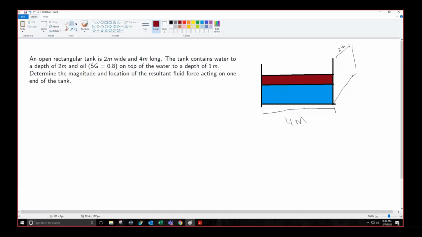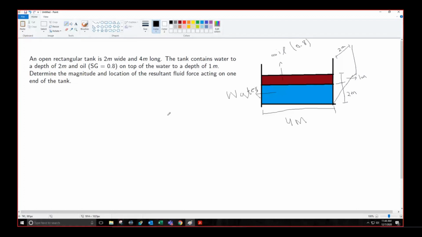This is the oil with specific gravity of 0.8, and this is water. The height of the water is 2 meters, and the height of the oil is 1 meter.